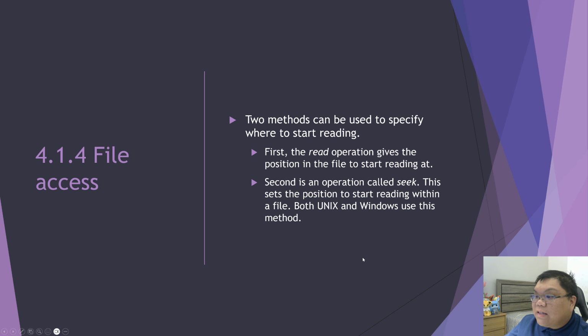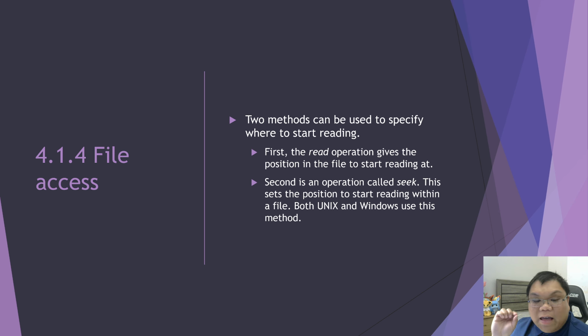There are 2 methods that we can use to specify where to start reading. The first one is by just using the read operation. The read operation gives the position in the file to start reading at. The second one is to use another operation called seek. Seek is an operation that allows for random access.